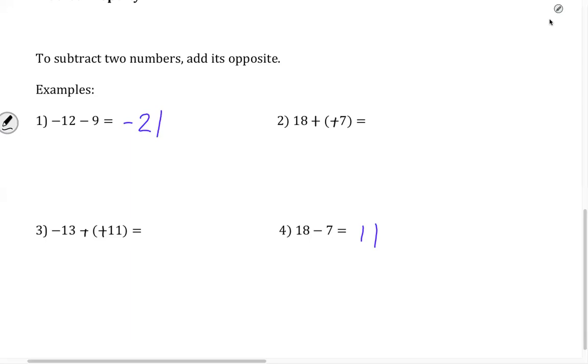This is not good. What was that? I was going to say, ask if I could give the answer to it. You can, absolutely. 18 plus 7 is 25. Perfect. 25. And then this one, number 3, would be negative 13 plus 11.